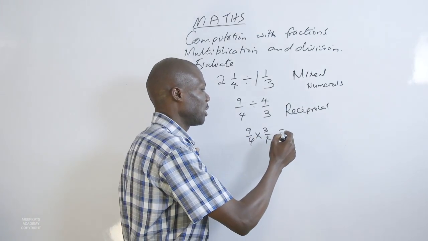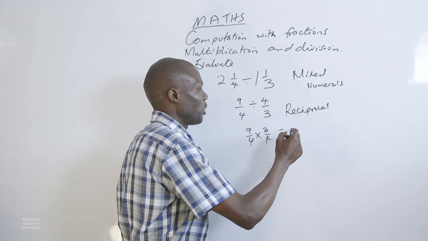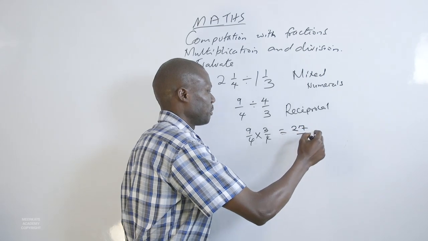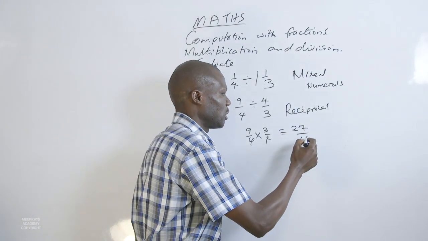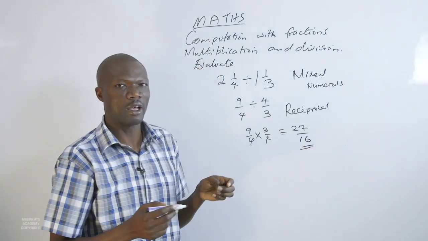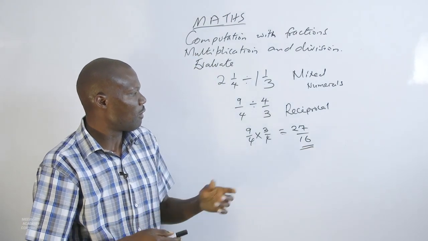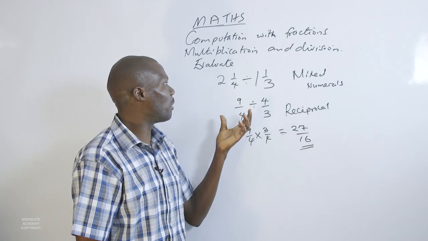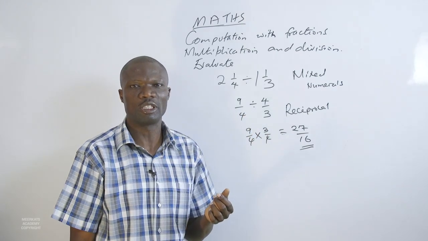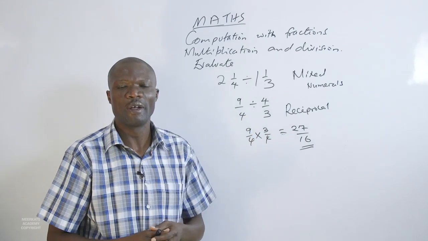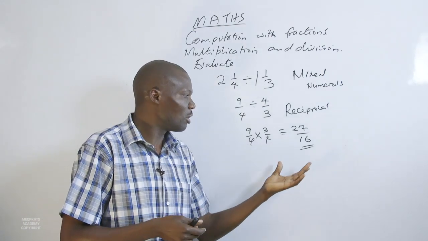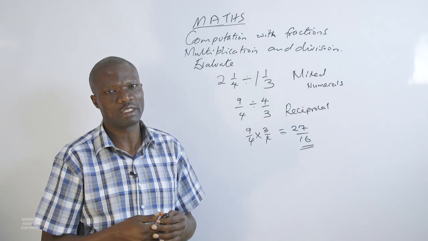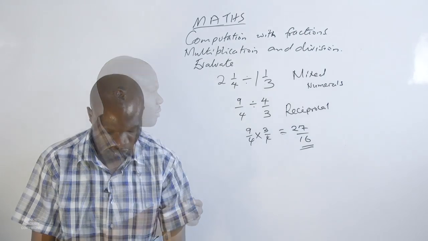So we multiplied 9 by 3 is 27. 4 multiplied by 4 is 16. And at that point, we have our solution as 27 over 16, which you can choose to convert into mixed numeral or leave it as it is.